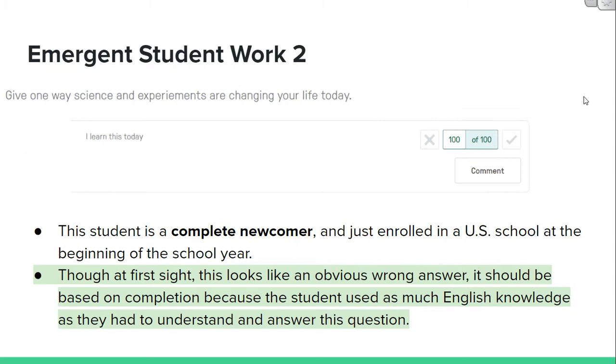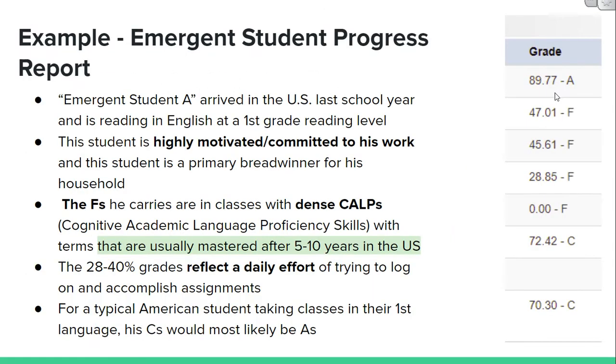While this might look like the student didn't put in a lot of effort and it's obviously a wrong answer, emergent students should be graded based on completion for this kind of response, since the student was using as much English knowledge as she understood in order to answer this question, especially since the video was not modified to include her first language.